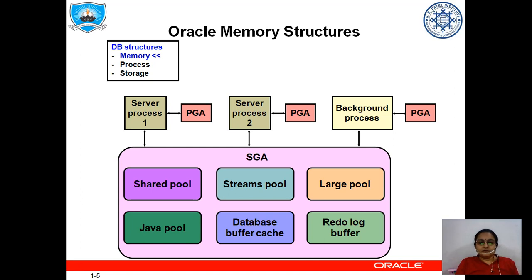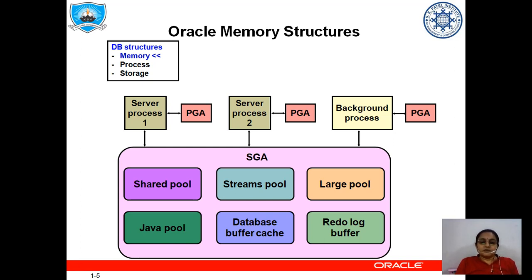Now let's take the database buffer cache in the SGA. The database buffer cache is a memory area which holds all the temporary records generated by the user. We'll talk more about it in a detailed diagram later, but this is the area where, whenever we perform any transaction like insert, update or delete, the data resides in this buffer cache.